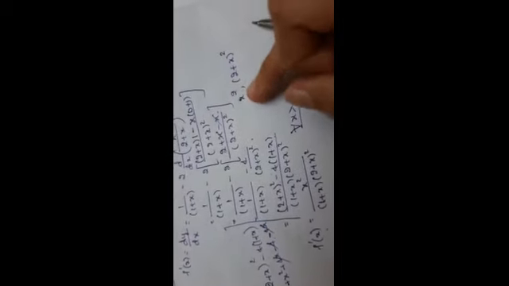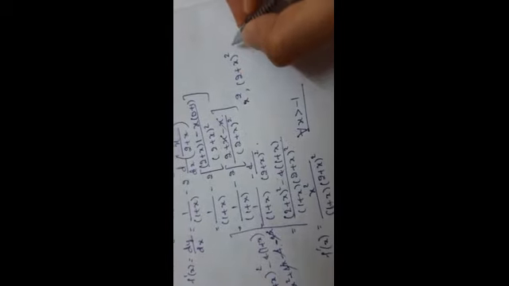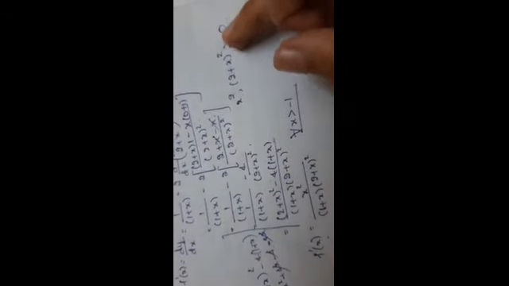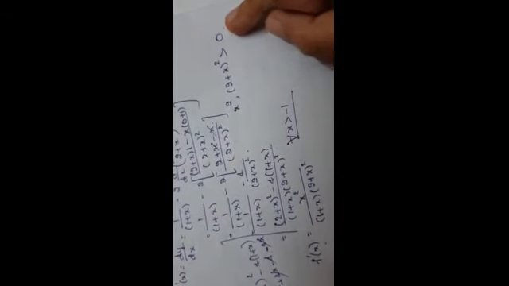Whatever the value within this domain, for x greater than minus 1, these two values, x square and 2 plus x whole square, will always be greater than 0 itself. So there is no change in that. Whatever the value, it will obviously be strictly greater than 0.